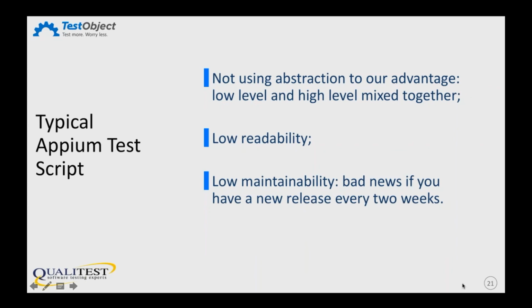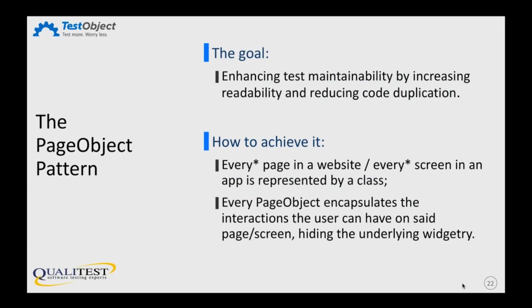Okay, so we have the problem. What about a solution? So there are a bunch of solutions. The one that I am the most fond of and the one that I will present to you today is called the page object pattern. So the page object pattern basically is about enhancing your test maintainability by increasing readability and reducing code duplication.